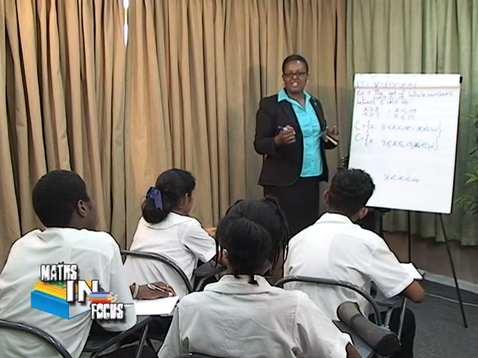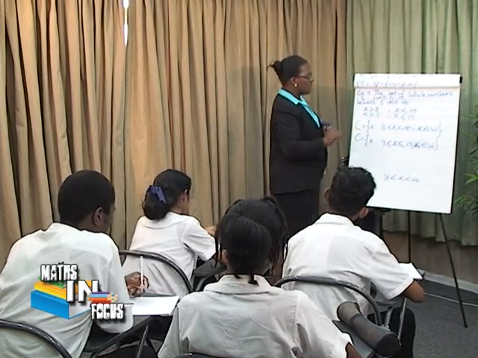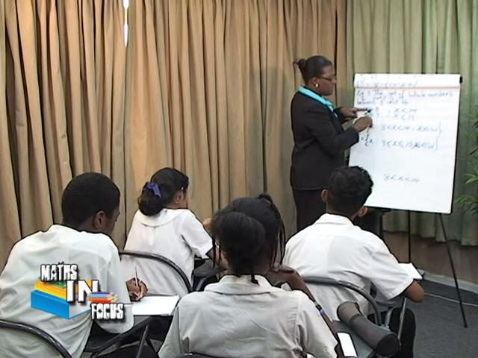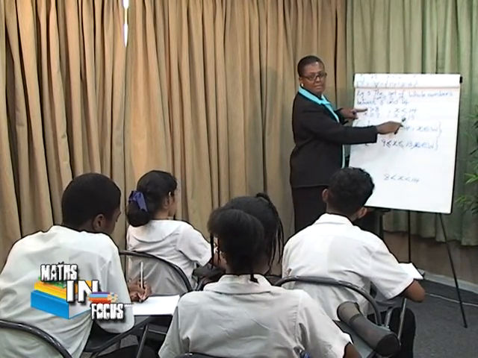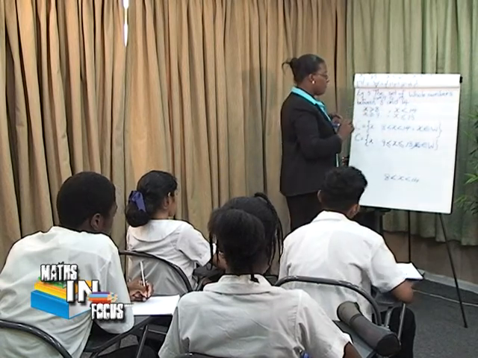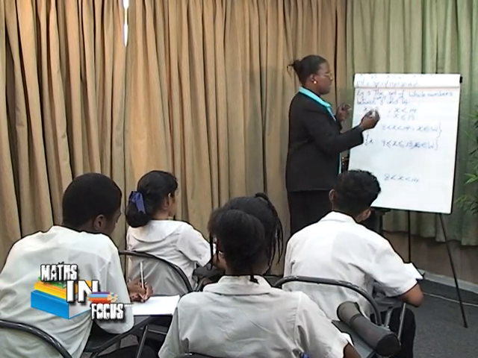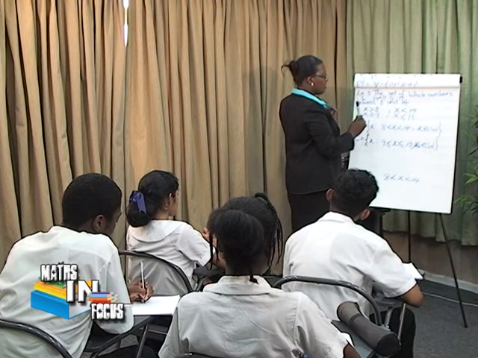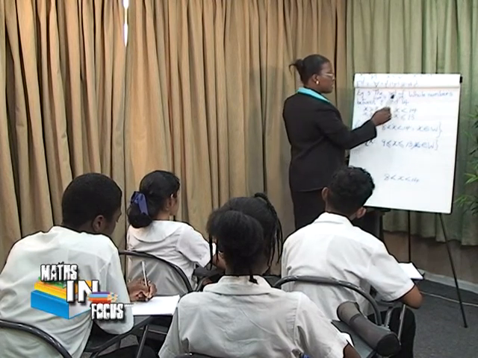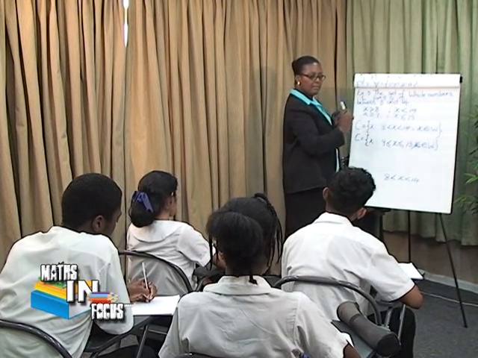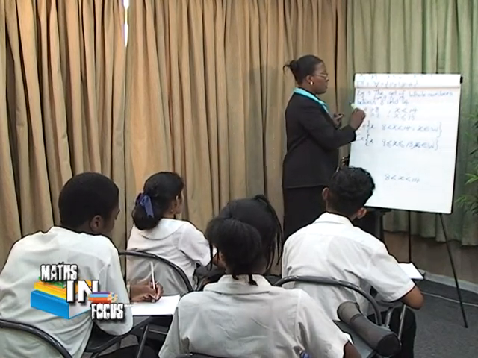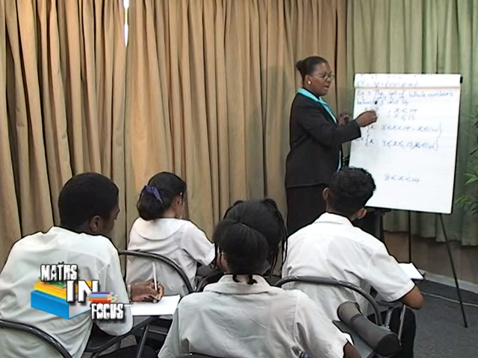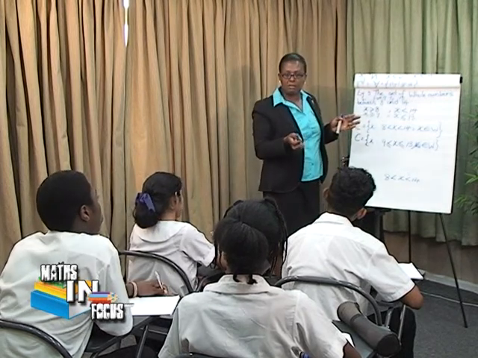Now let us interchange. Let us try using greater than and lesser than and equal to. Good? So if X is from 9 to 13, then X can also be from 9 and it ends at 14.